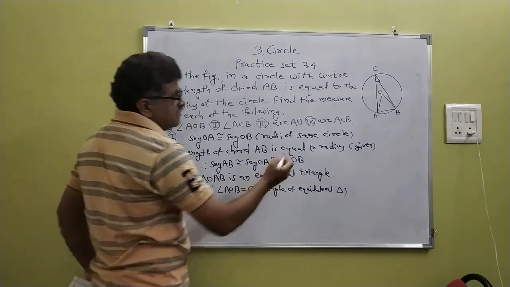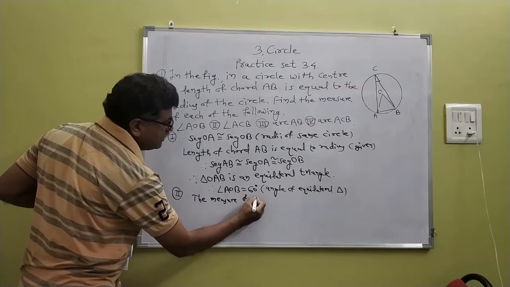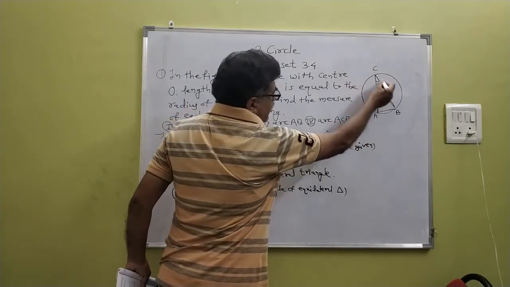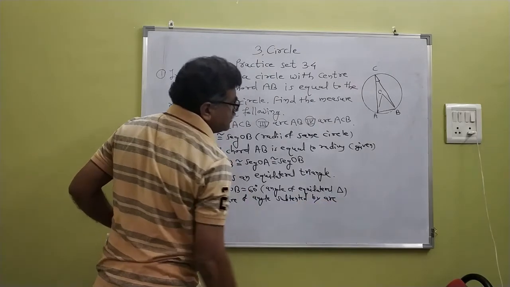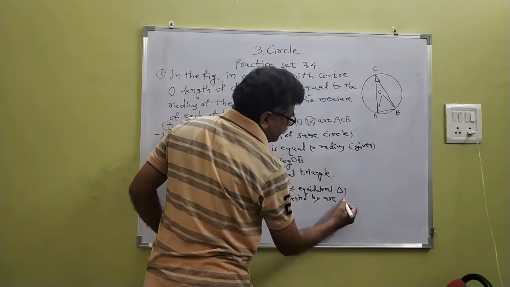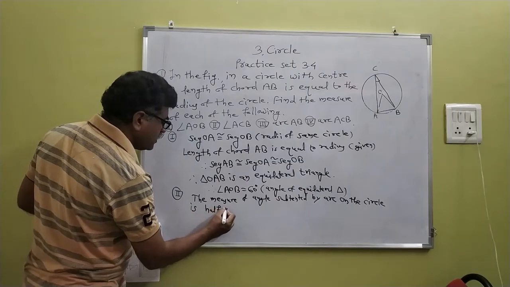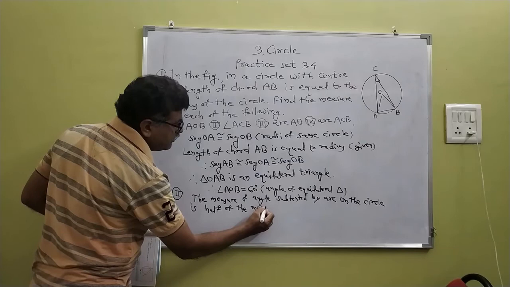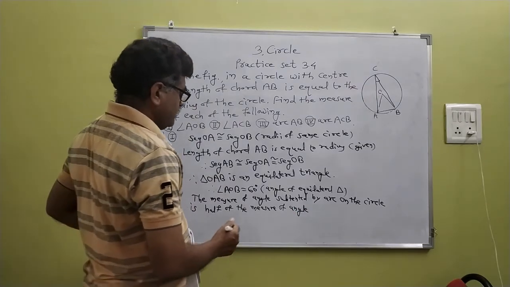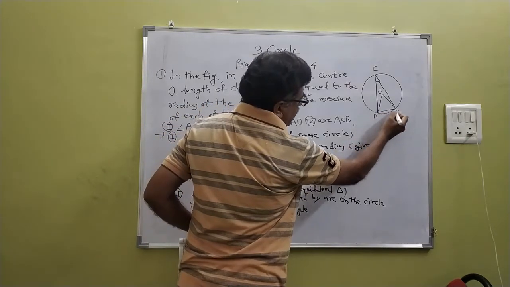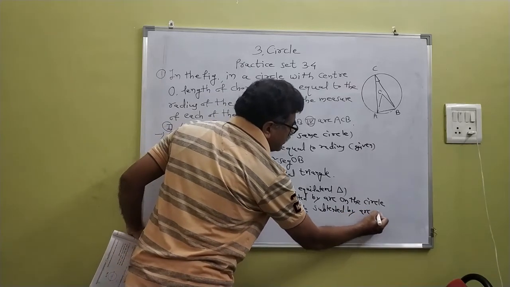Now we can write this as: the measure of the angle subtended by an arc at a point on the circle is half of the measure of the angle subtended by the arc at the center.